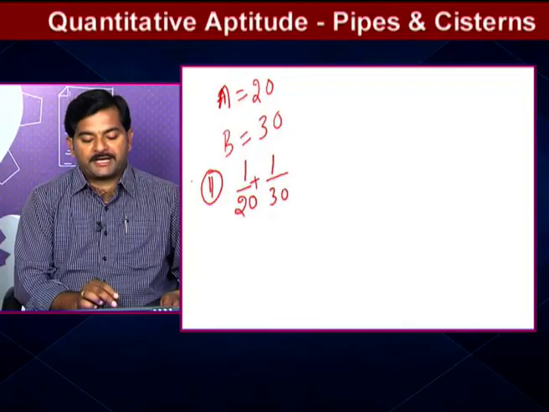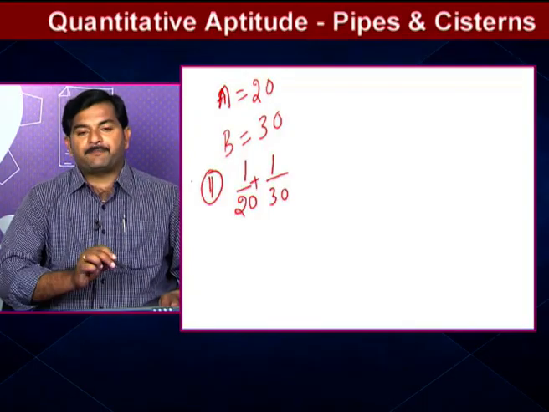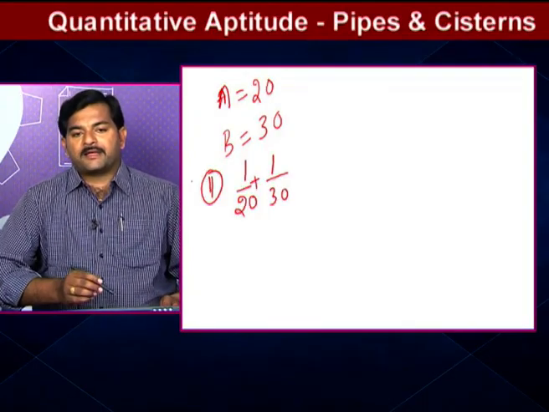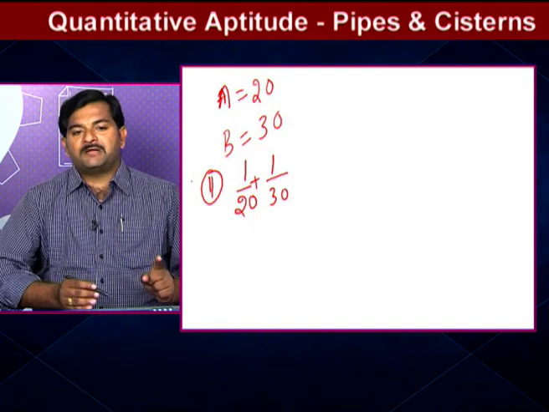Here 1 by 20 means the first pipe can fill that part of the tank in 1 minute, and 1 by 30 means the second pipe, B, can fill that part in 1 minute. So A plus B gives both the pipes' 1 minute work.